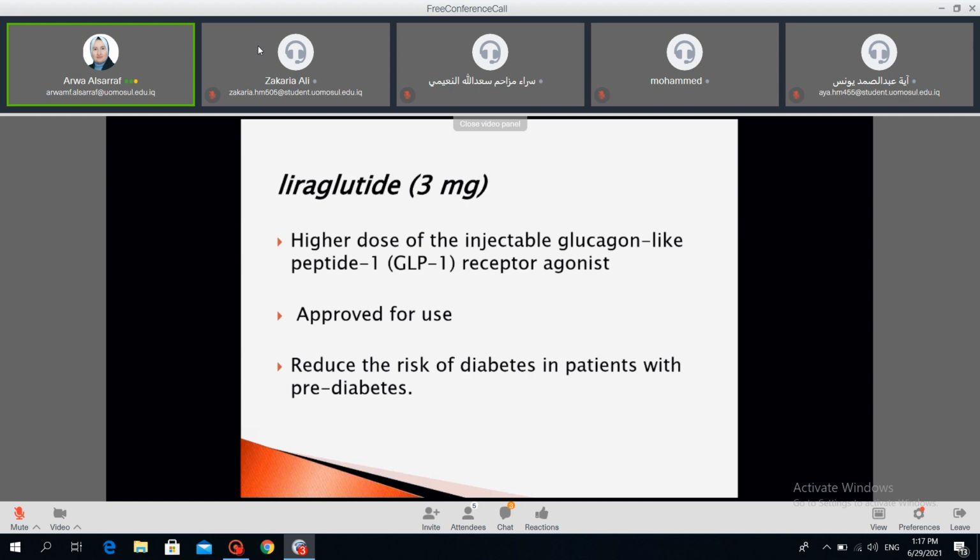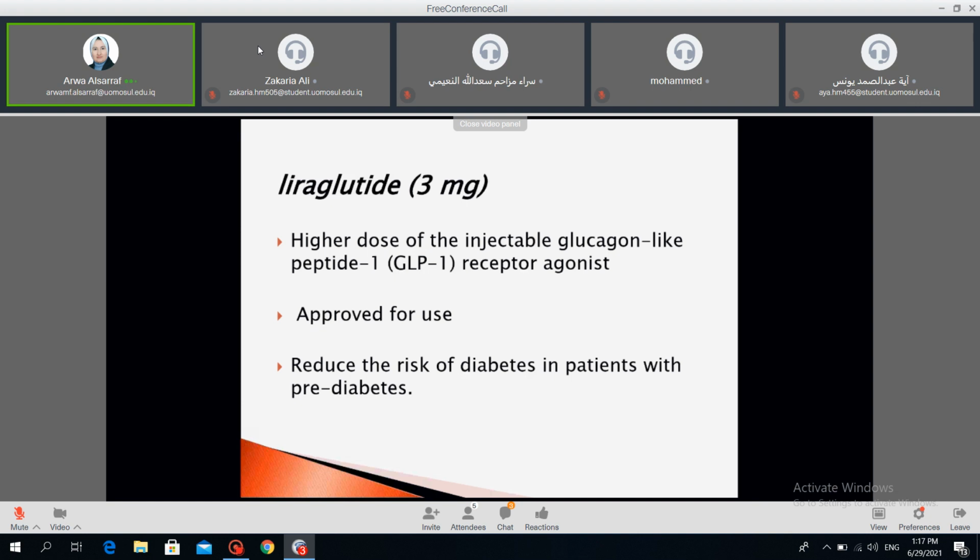So a higher dose of the injectable liraglutide works as a GLP-1 receptor agonist, the glucagon-like peptide 1 receptor agonist. The effect of this drug: it will increase the insulin level, and also it will decrease the glucagon level.